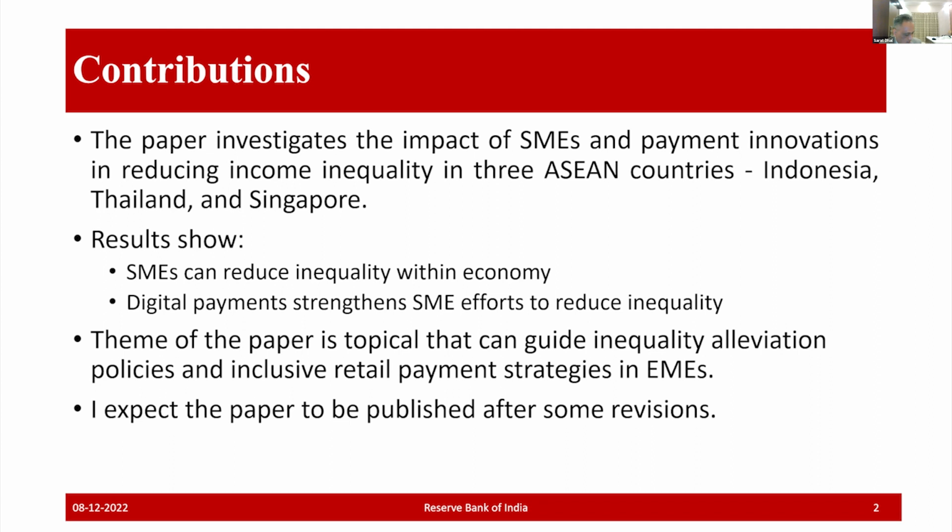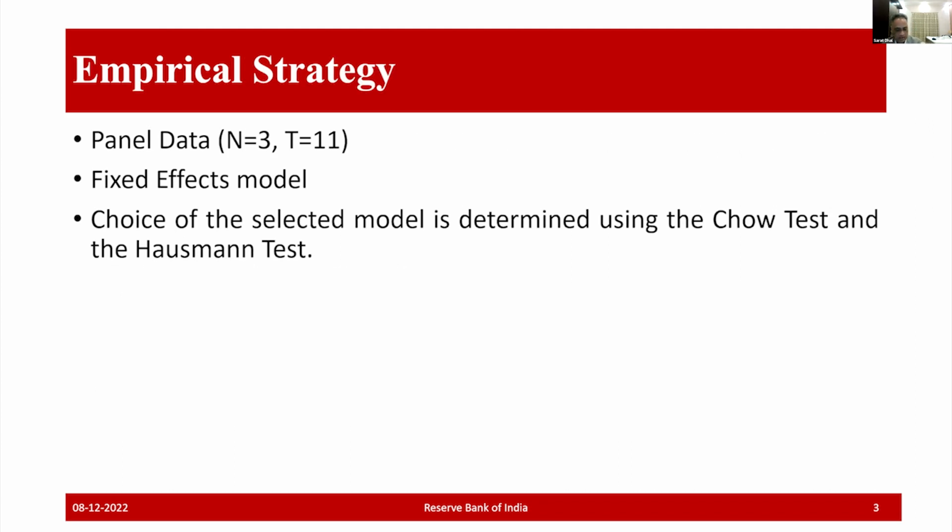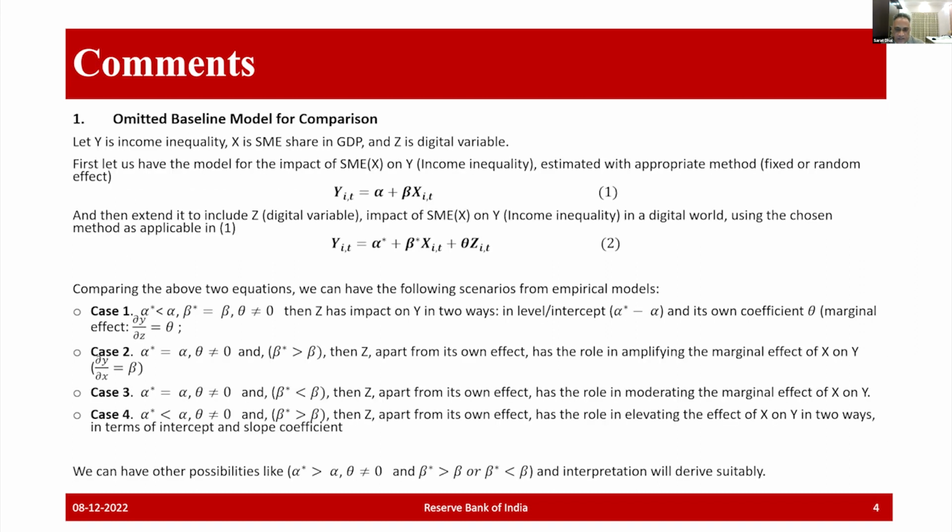The first thing: they should have a baseline model. Imagine a situation where you don't have digitalization. The second situation, you have digitalization with SMEs. The baseline will be only SMEs' contribution to the inequality.